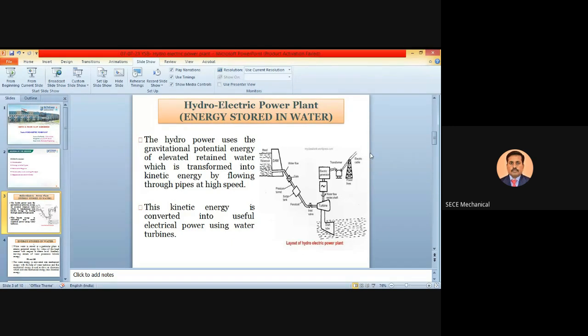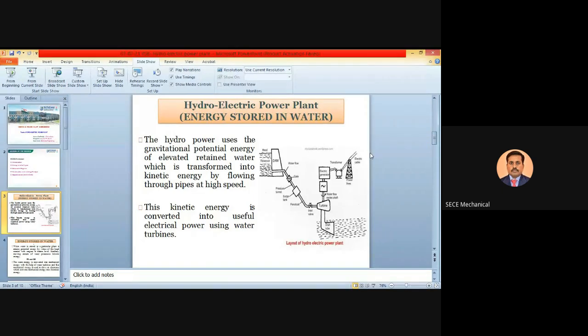If you want to control the speed as well as the pressure of the water, you need a surge tank. The purpose of the surge tank is to reduce the pressure and also to control the flow of water, because the flow of water is at high speed. So for that there is a pressure tunnel, surge tank and gate system.